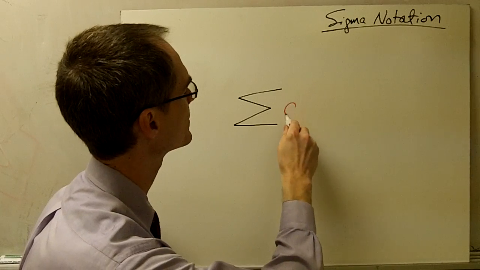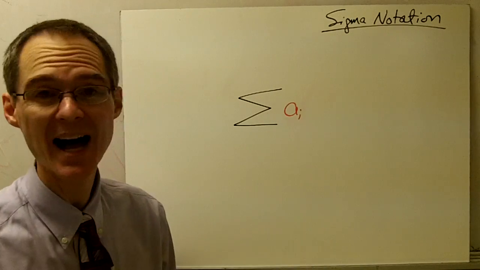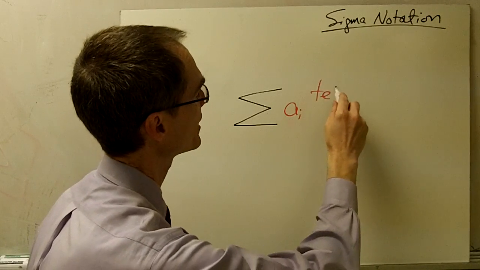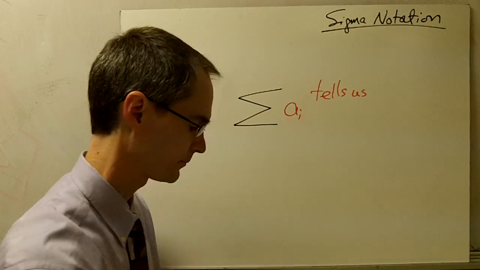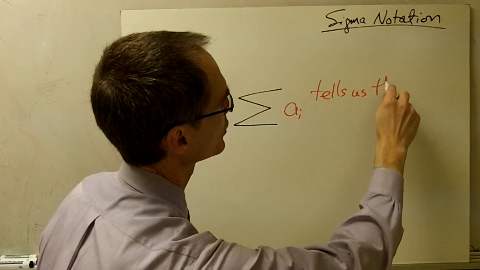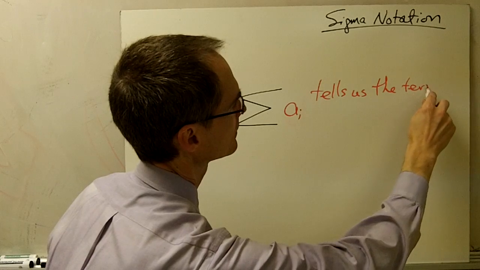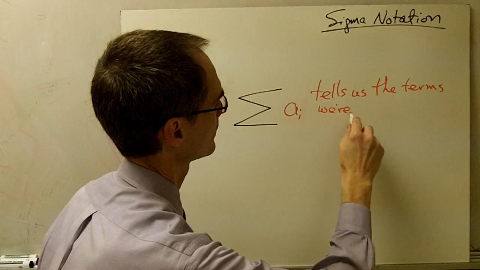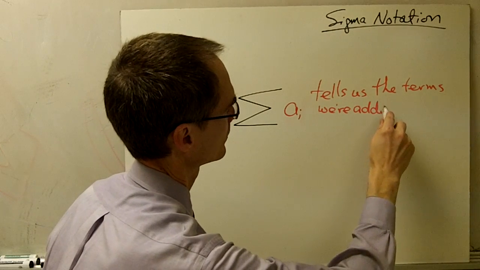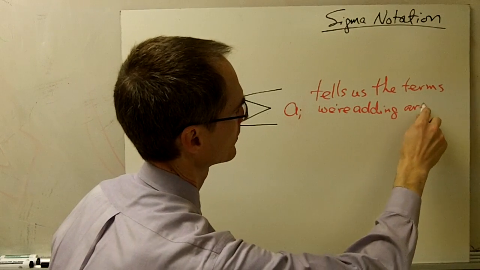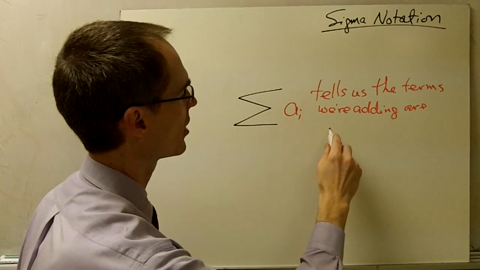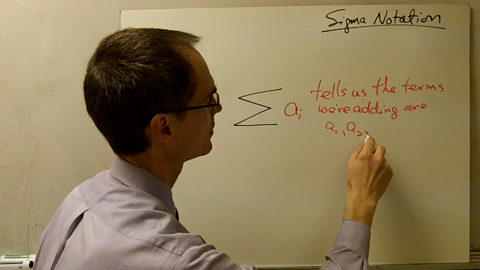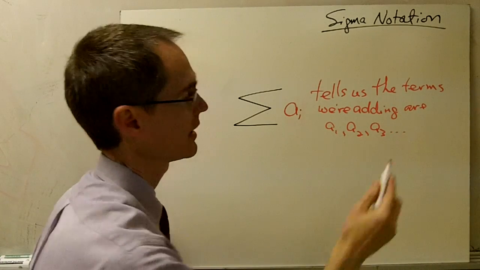The first piece is what we're going to call a sub i, and this piece of the sigma notation just tells us that the terms we're going to be adding are a sub 1, a sub 2, a sub 3, and so on.